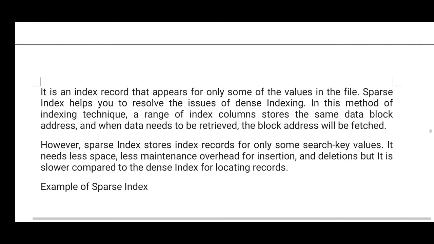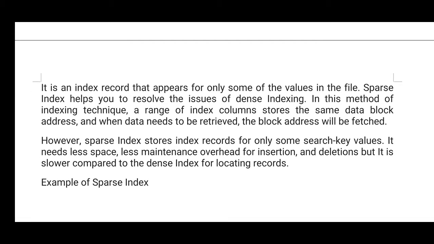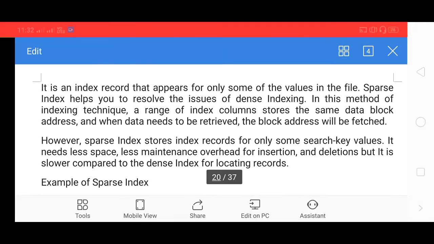Next one, the sparse index. It is an index record that appears for only some of the values in the file. A sparse index helps you resolve the issues of dense indexing.